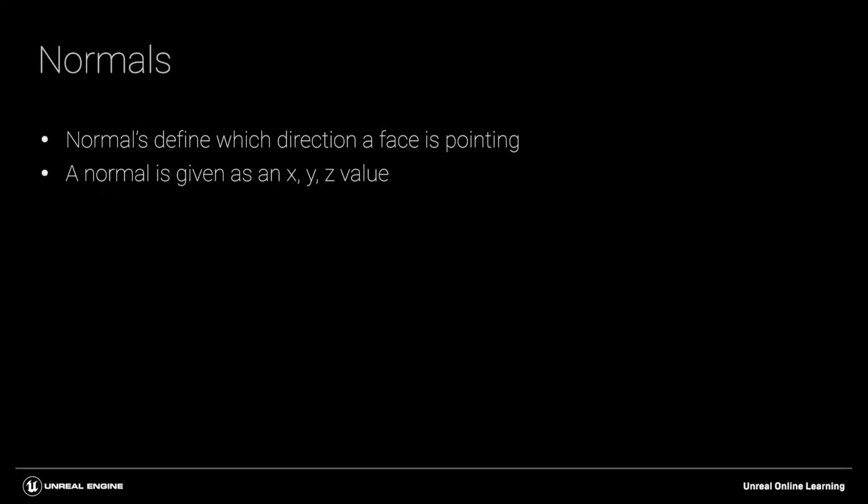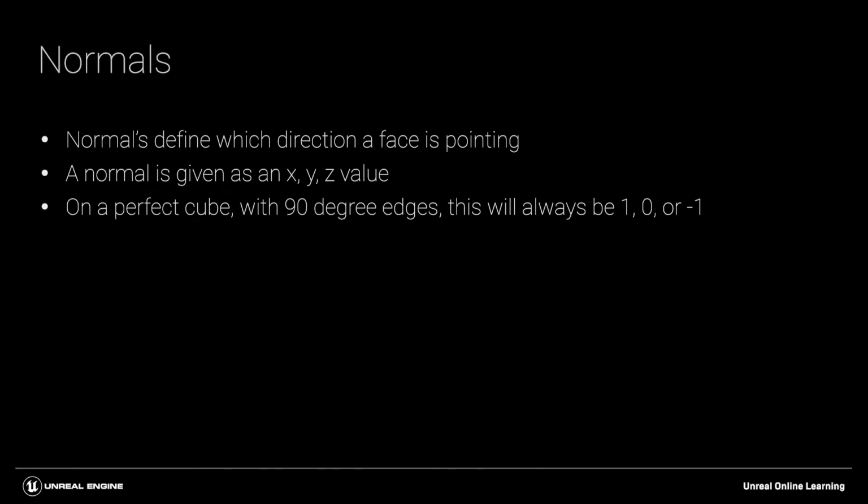Now that we know how the coordinate system is used in our game, the next piece of the puzzle is the normal. Normals on a static mesh define which direction a face is pointing. When we specify normals on the BP base block, we're indicating the values in the x, y, and z axis. Normals are normalized values, meaning they have a value between -1 and +1.